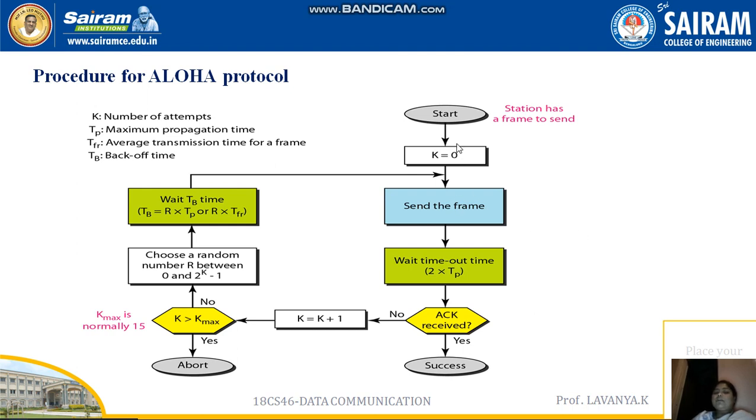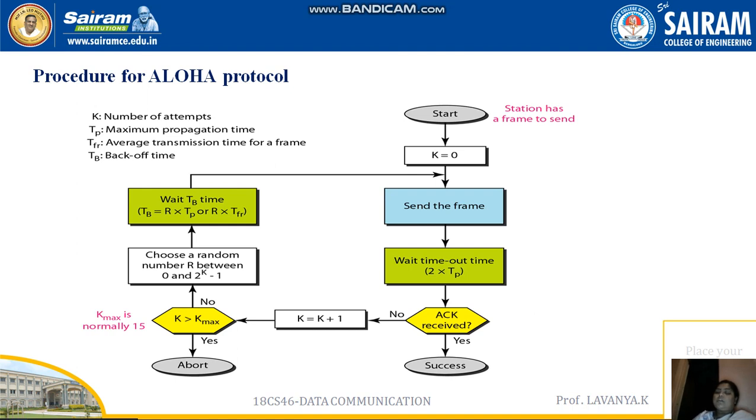If I send the frame to the destination within the given amount of time and the receiver receives it successfully, the acknowledgement is sent back to the sender, and the transaction is a success.